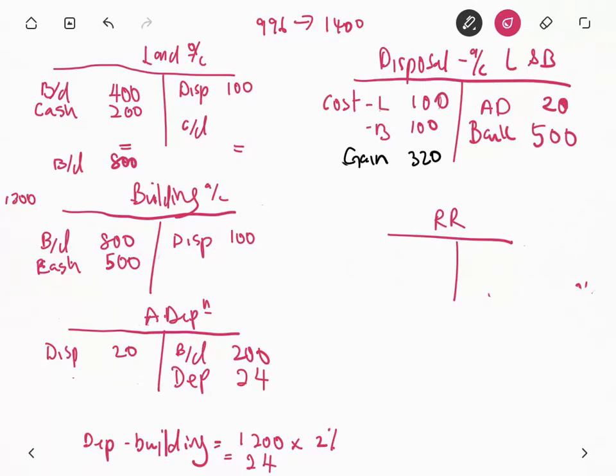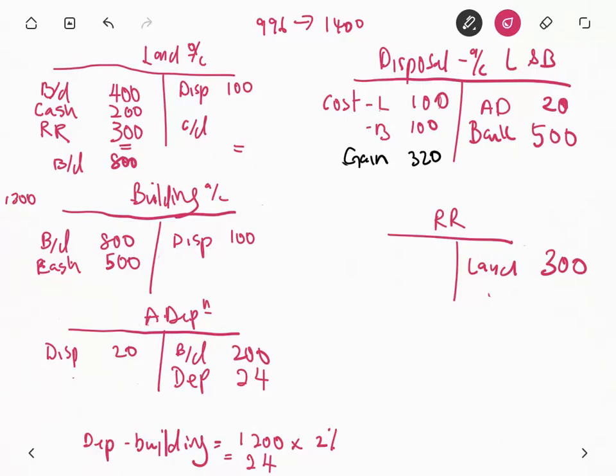I want to revalue land to 800. What's my value now? 400 plus 200 minus 100. 500. I want to revalue to 800. Revalue by 300. Debit land, credit RR. Is it okay?